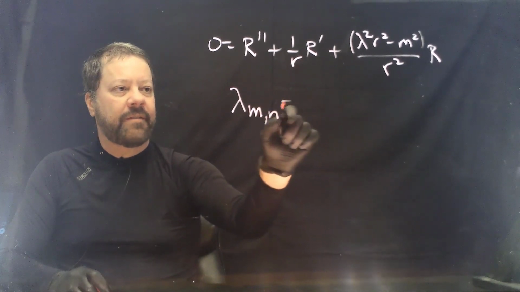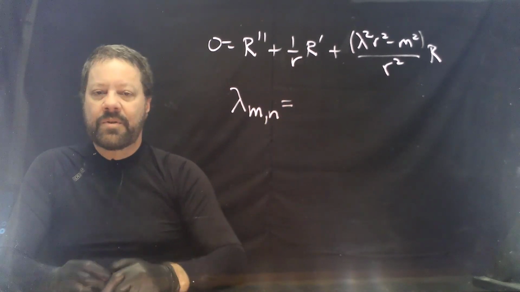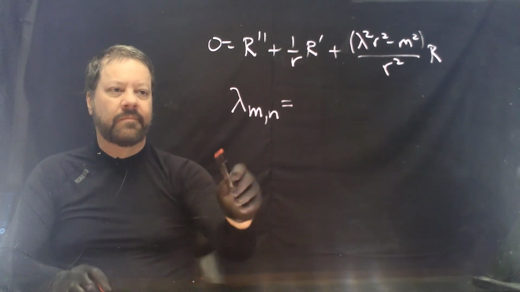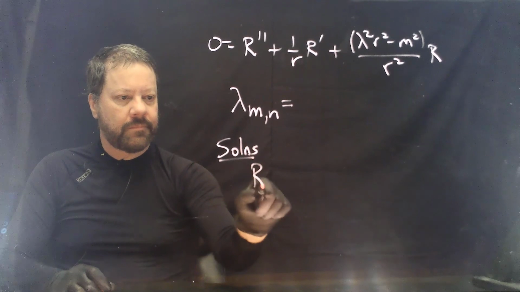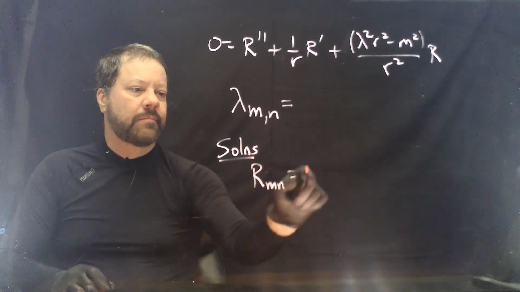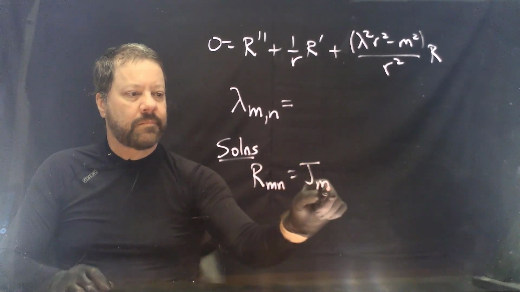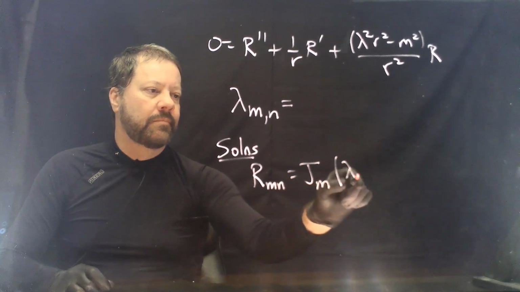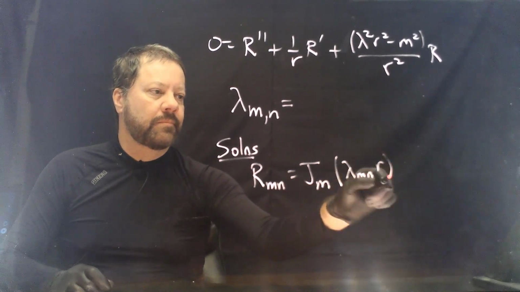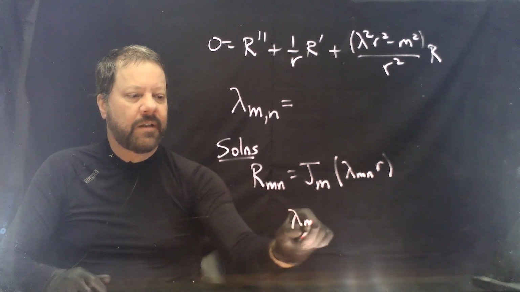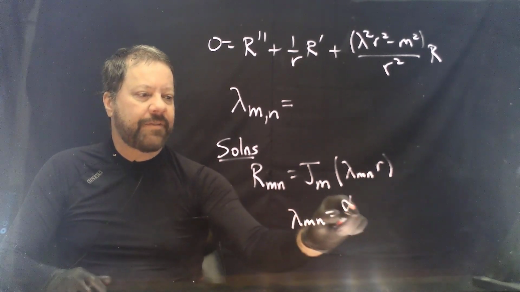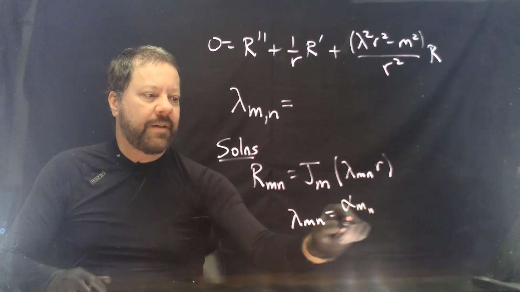We'll have different roots λ_mn, where λ_mn will be α_mn over a.